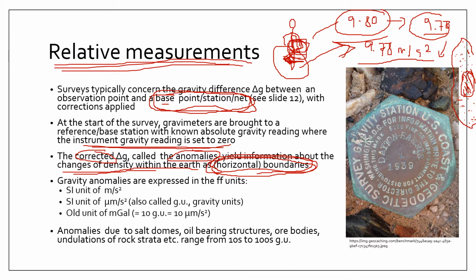But there are other info that we can obtain from gravity, but I'll discuss that later on. But yeah, the most basic stuff that you can get is the horizontal changes in density of the Earth. So for example, sedimentary basins that are surrounded by basement rock, or surrounded by dense mafic rocks.